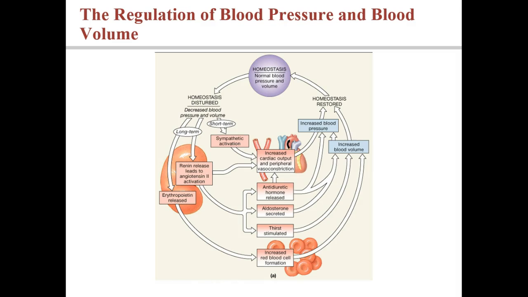So that's going to increase blood pressure and blood volume. You have less of it in the capillary beds, so it's going to actually increase the volume. And then long term you have renin released for angiotensin II activation, as well as more blood cells being produced.